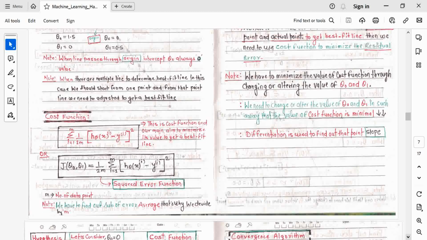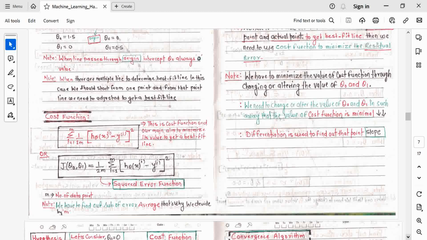We have to minimize the value of the cost function by changing or altering the values of theta 0 and theta 1.